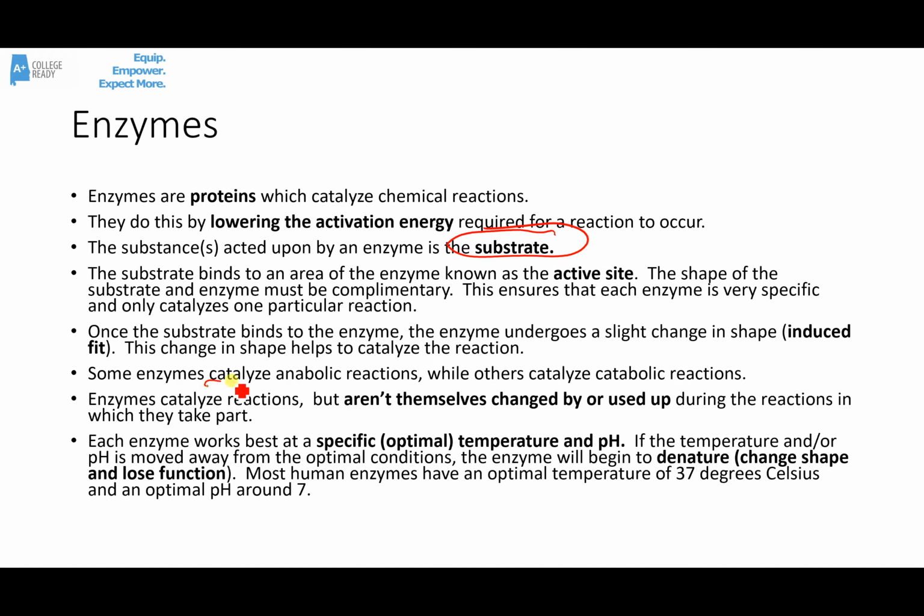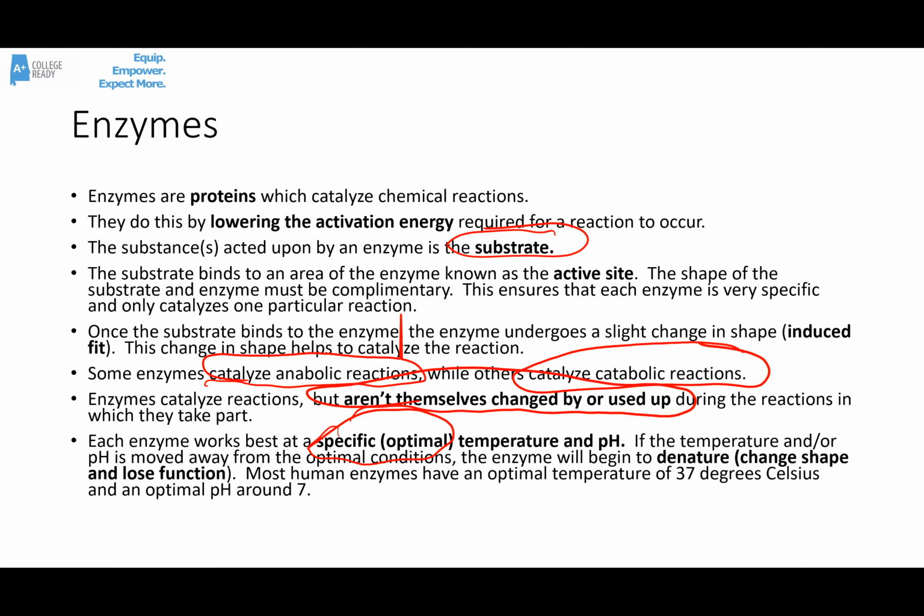Some enzymes catalyze anabolic reactions, so some do build up reactions, while others catalyze catabolic or breakdown reactions. We already said that the enzymes themselves are not used up or changed by the reaction. They can be used over and over again. Another important thing to know is each enzyme works best at a very specific optimal temperature.